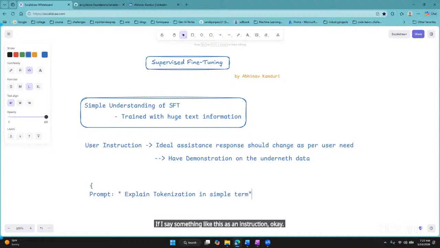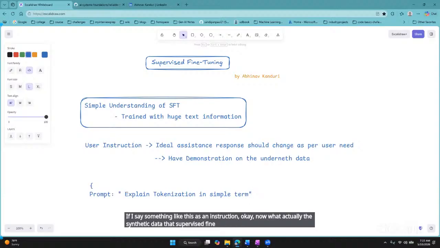what is the synthetic data that the supervised fine tuning format is going to generate? The prompt is: explain tokenization in simple terms.